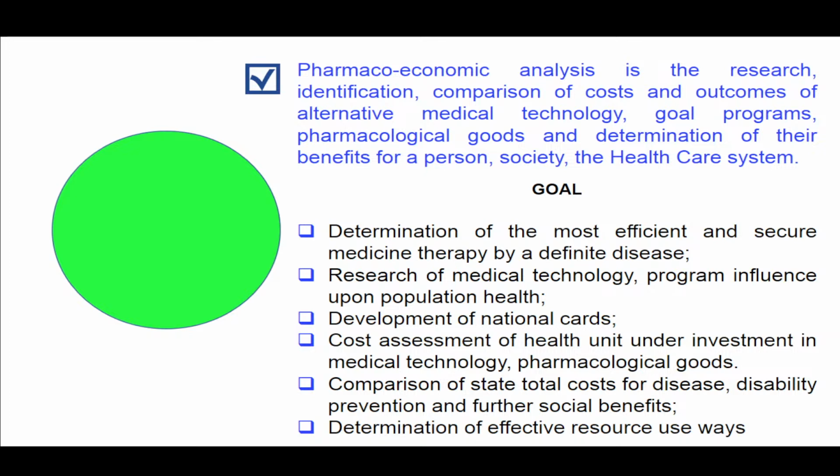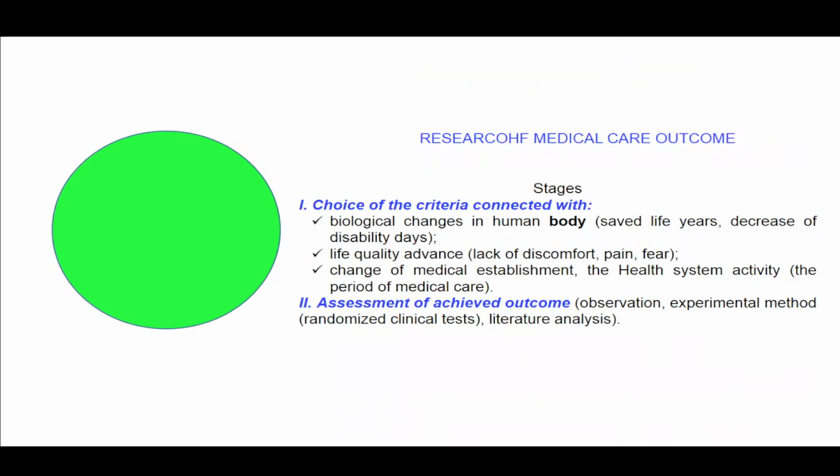Then the research of medical technology, programming finance upon population health, the development of national cards, cost assessment of a health unit under investment in medical technology, comparison of state total cost for disease, and determination of effective resource use way.